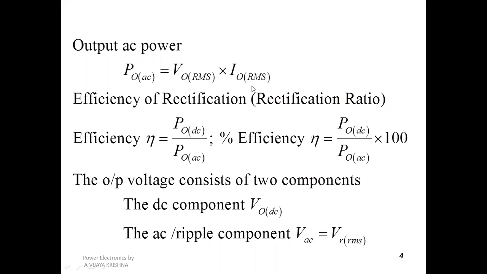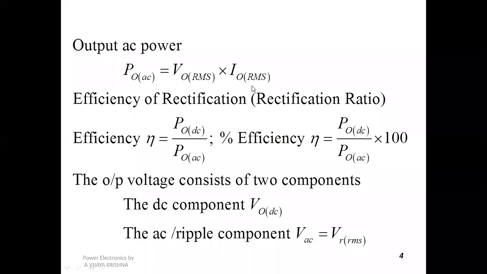Next, how can you get the efficiency value? That is, how much of the power is rectified. That is the efficiency of rectification, or rectification ratio. Efficiency is equal to power output by power input, where the output power is taken in terms of AC.